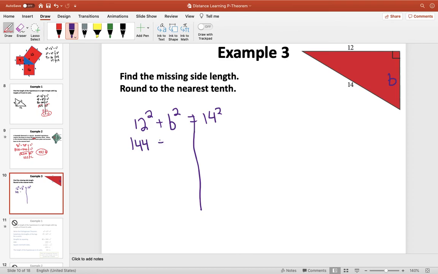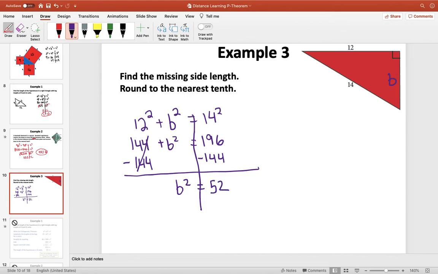We don't know what b squared is yet. That's fine. 14 squared is 196. So now, just like you're solving any equation, you want to isolate the variable by moving the constant away from it. So I'm going to subtract 144 from both sides. Okay. That will leave us with b squared equals 52.